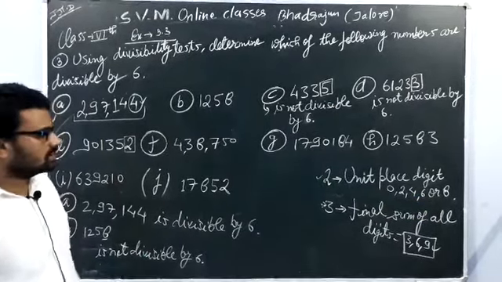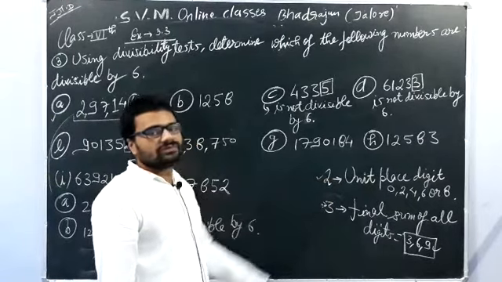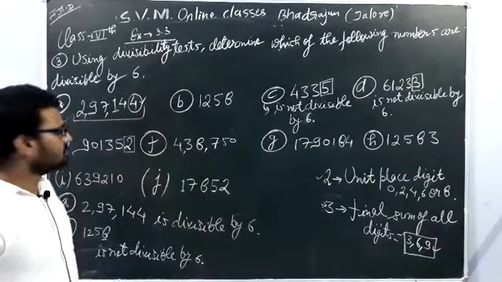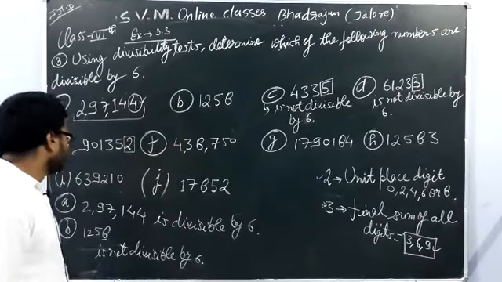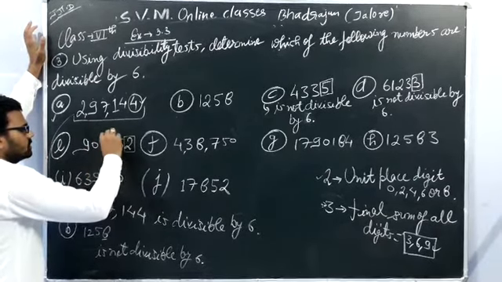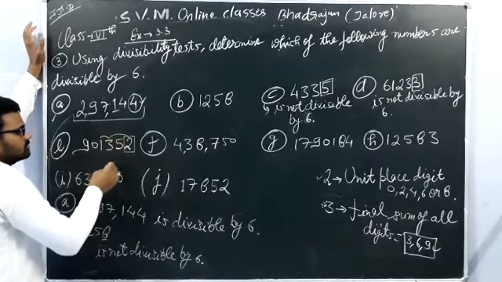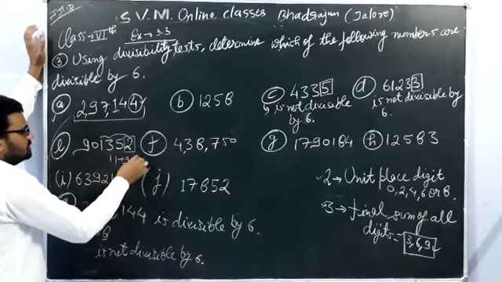Now let us go for the divisibility rule of 3, and check whether this number is divisible by 3 also or not. So we will add these digits. 1 plus 3 is 4, 4 plus 2 is 6, 6 plus 5 is 11, and 11 plus 9 is 20.